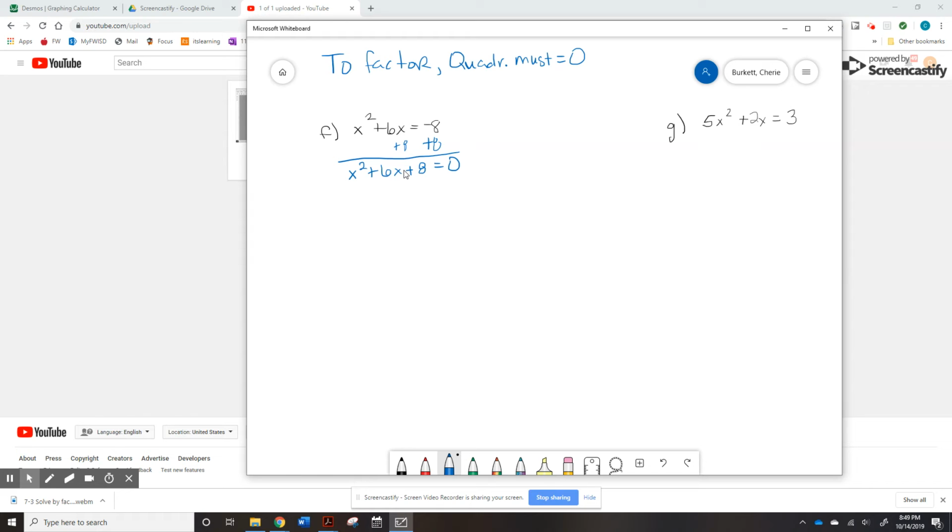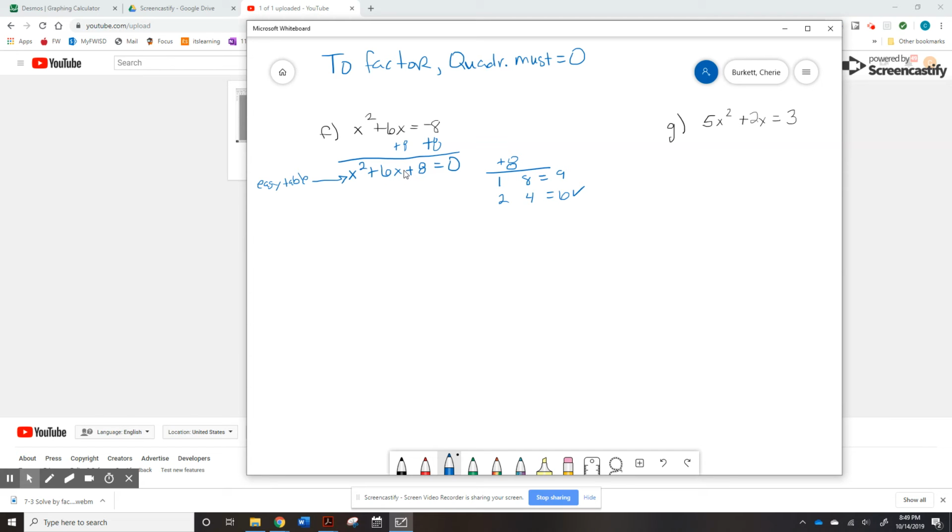So now that we have it set equal to 0, now we have to judge what kind it is. What kind is it? This right here means it's an easy table. And an easy table means we put 8 on the table, positive 8. And how do we get positive 8? 1 times 8, 2 times 4. 1 times 8 means a positive 1 and a positive 8. That gives me a 9. A positive 2 and a positive 4 give me a 6.